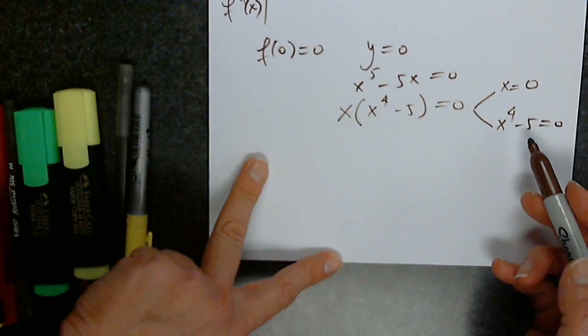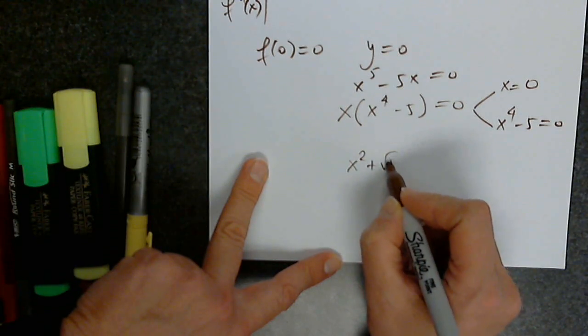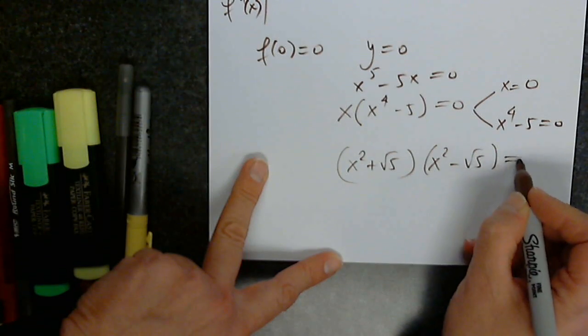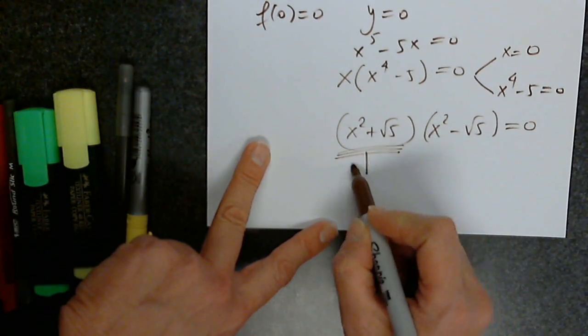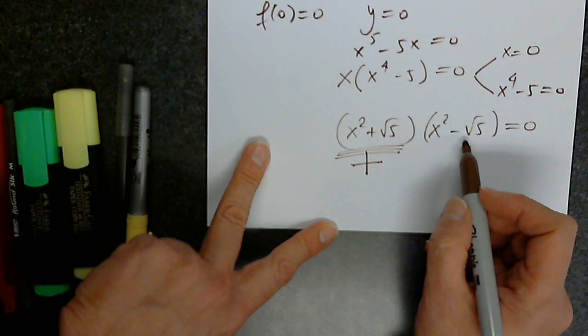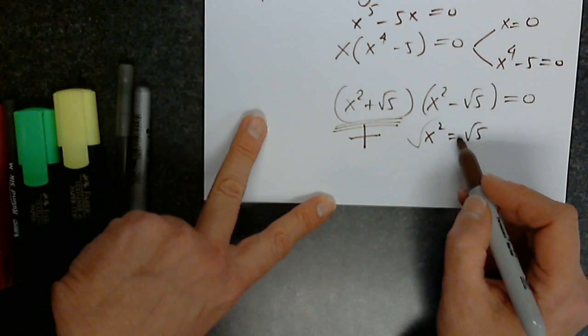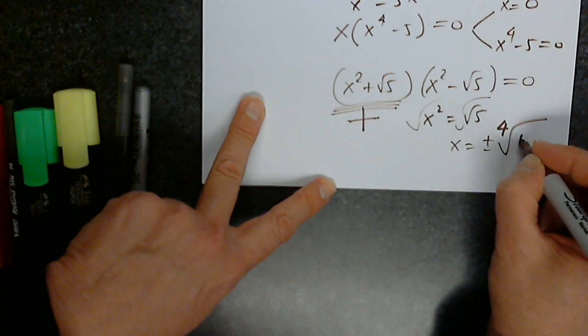I could factor this into x squared plus the square root of 5 and x squared minus the square root of 5. This will never have solutions because it's always positive, but this one will have two solutions. So x squared equals the square root of 5. I take the square root again, and I get x equals plus or minus the 4th root of 5.